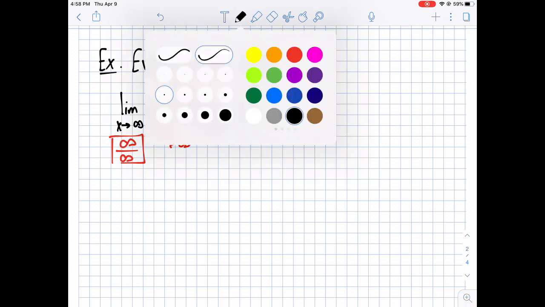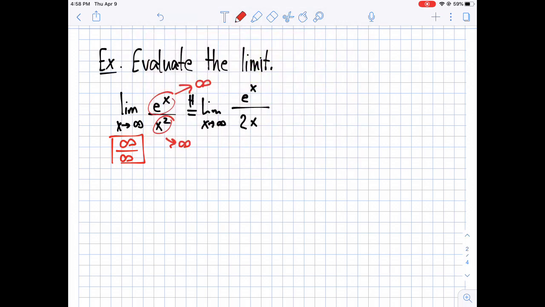So fine. Now again, we're going to try direct substitution, and see what happens with these individual functions. e to the x is still going to approach infinity, and actually so is 2 times x. So we applied L'Hopital's rule, but we haven't managed to get rid of the indeterminate form. We still have infinity divided by infinity.